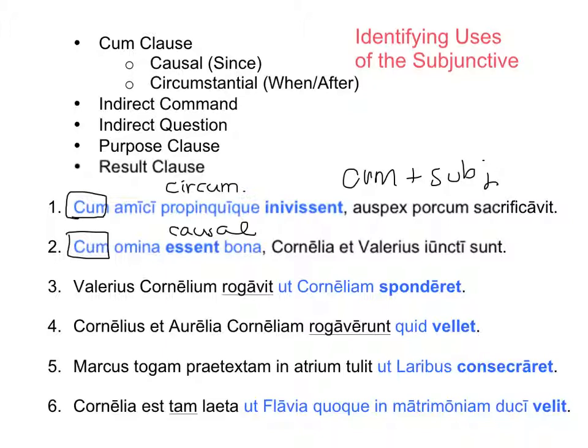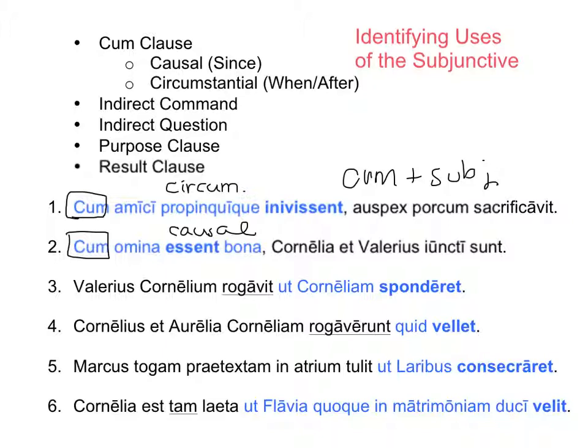When we come into indirect command and indirect question, we really need to think about what the purpose of the thing that comes after the verb is. Are we replacing what would have been a command or what would have been a question? So we're looking at these two parts, and we're trying to figure out what we're saying. Both of these are introduced by the verb rogo in this case. We can use lots of other words, but rogo can mean to ask a question or to ask someone to do something.